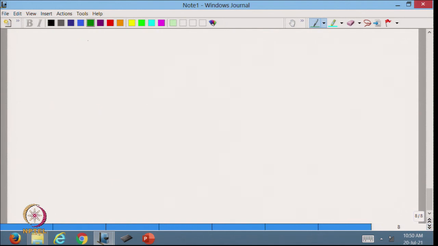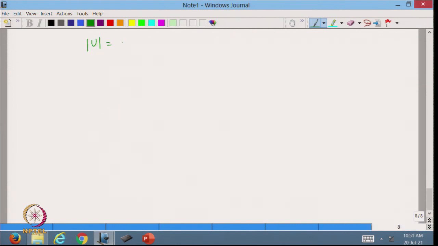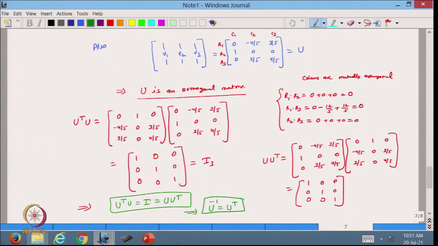And from here I also want to find the determinant of this. Going along the first column, I am taking this one, and this and this.